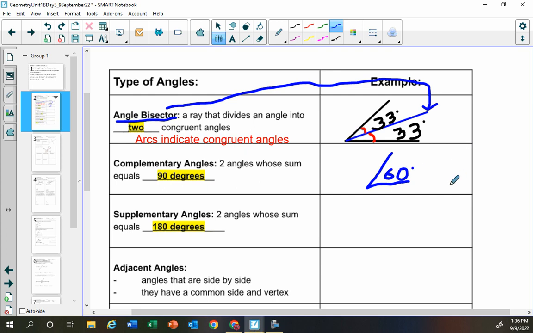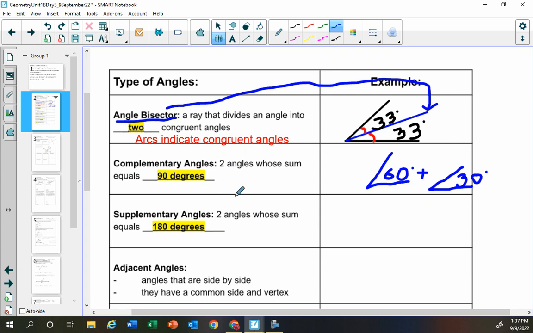Then what must my other angle measure in order to get a grand total of 90? 60 plus what is going to give me 90? 30 degrees, very good. 60 plus 30 is 90.